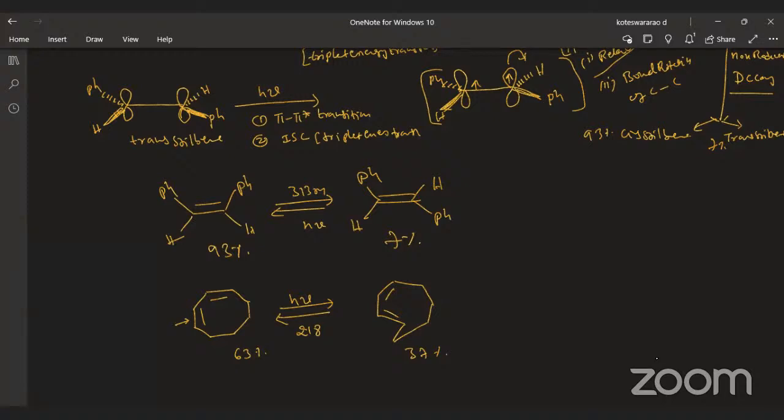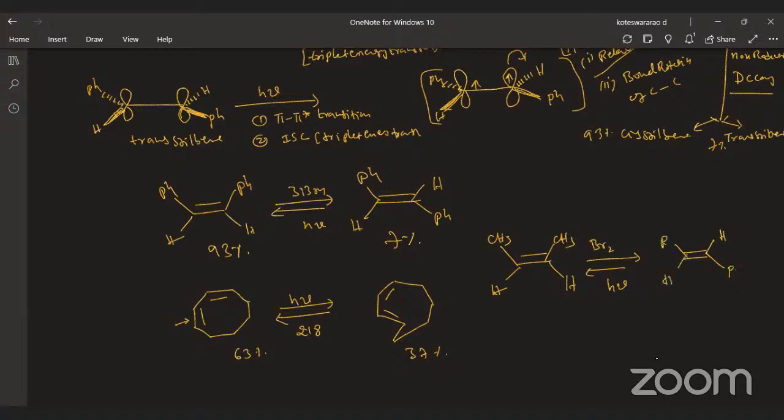So for example, I am taking a generalized olefin, 2-butene. It is a cis isomer. And in the presence of bromine, you know that at room temperature when you add bromine, it undergoes addition. But when we irradiate with a specific wavelength of light, that leads to isomerization.